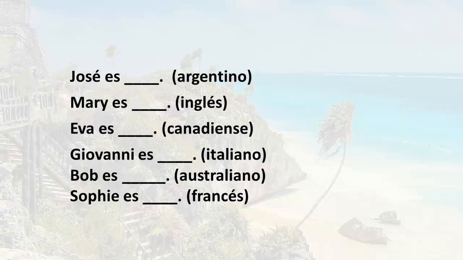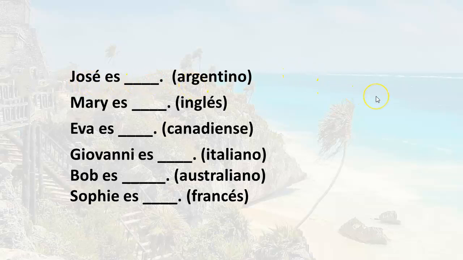So let's practice a little bit with these adjectives. If I want to say Jose is Argentine, now I've given you in parentheses the default form, which is the masculine singular. Now it could change depending on the subject. So Jose, well, that's masculine and singular, so it stays the same.